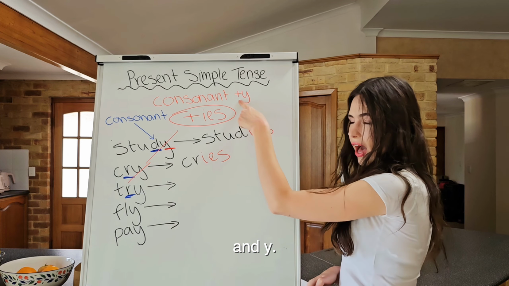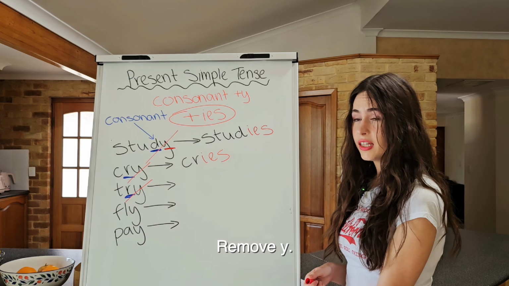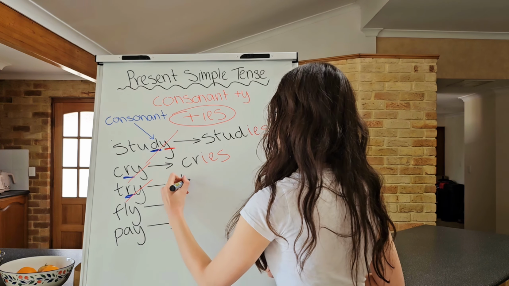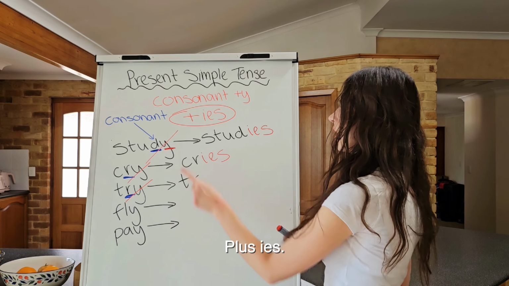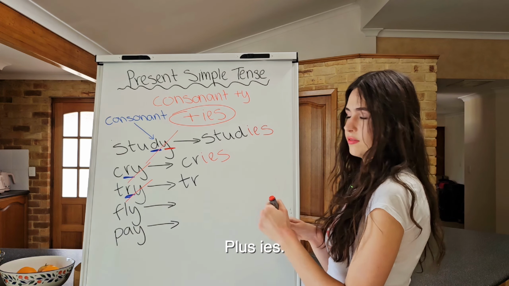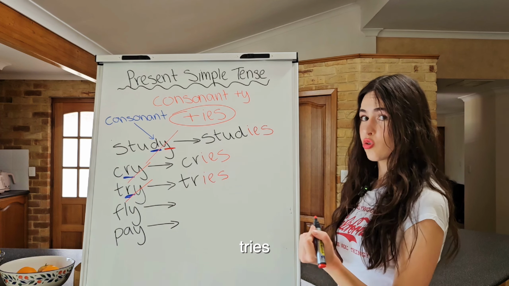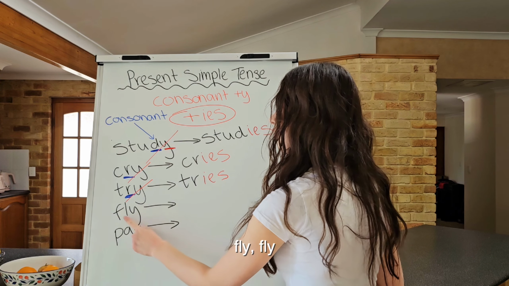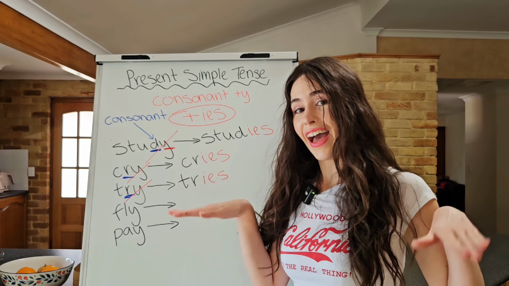And Y. Remove Y. Plus I, E, S. Tries. Fly.